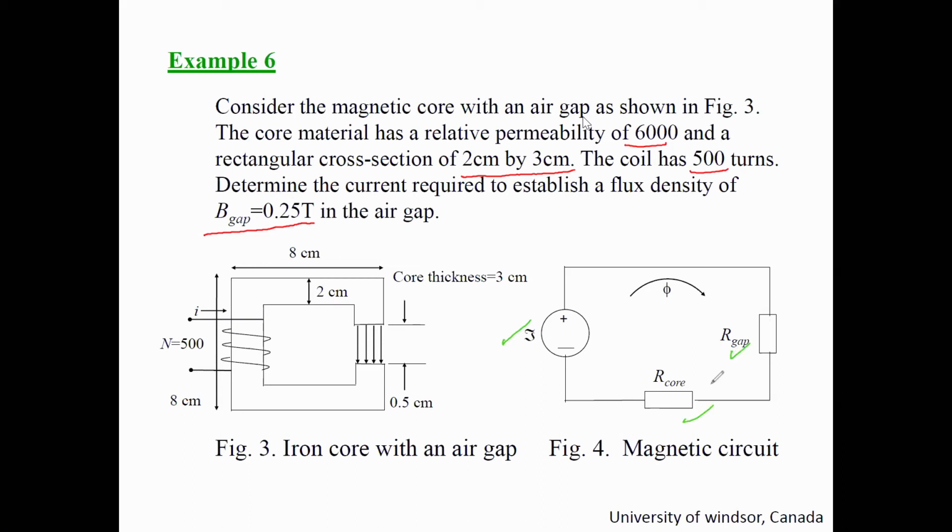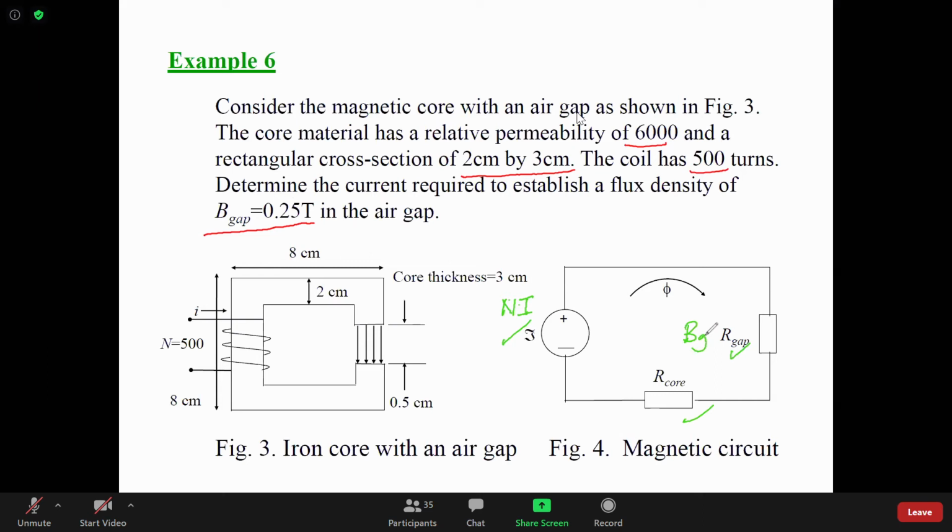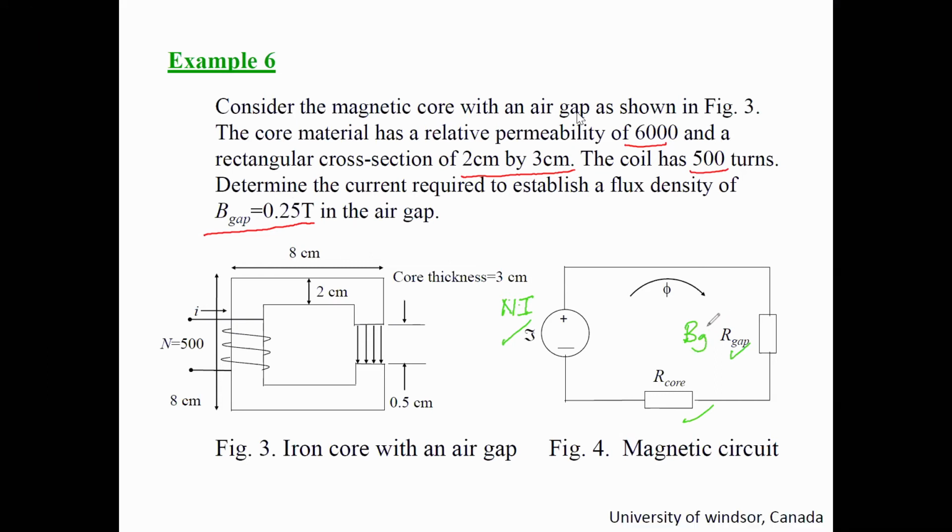We need to find the current, knowing that BG is given. So it's the opposite now. Since we know BG, we can find the flux. Once we find the flux, we can find the current. Okay? So let's start one by one.